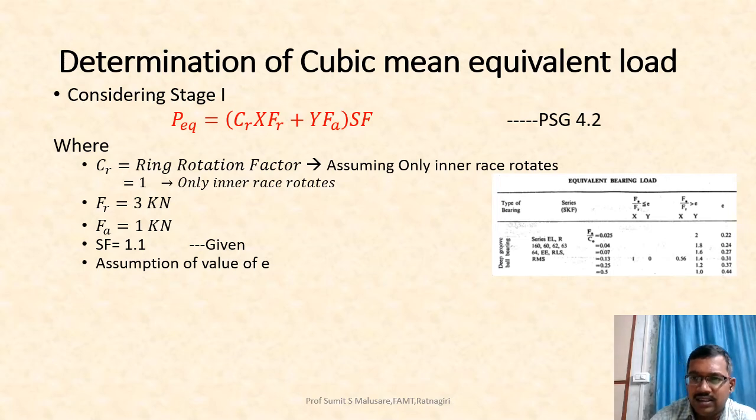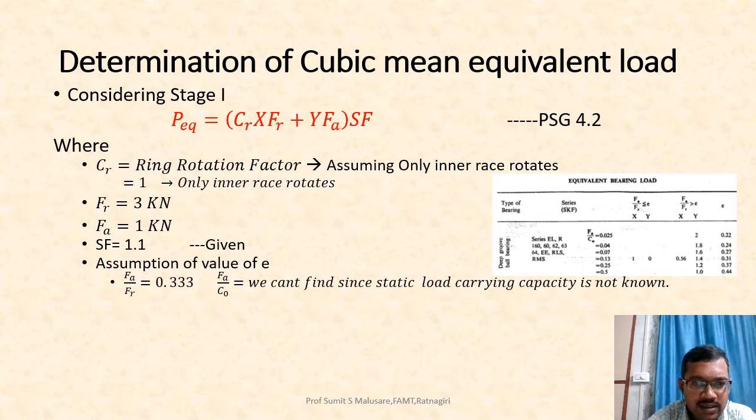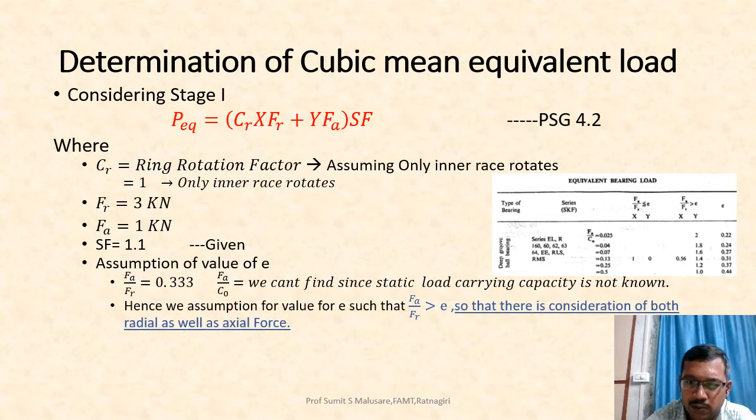In this case, this is a standard table already provided in the PSG data book. FA by FR is 0.333, but FA by C0 we can't find out. So we need to assume the value of E such that FA by FR should be greater than the value of E, so that there is consideration of both the radial as well as the axial force. If I want to make E less than 0.333, then the options for E are 0.31, 0.27, 0.24, 0.22.